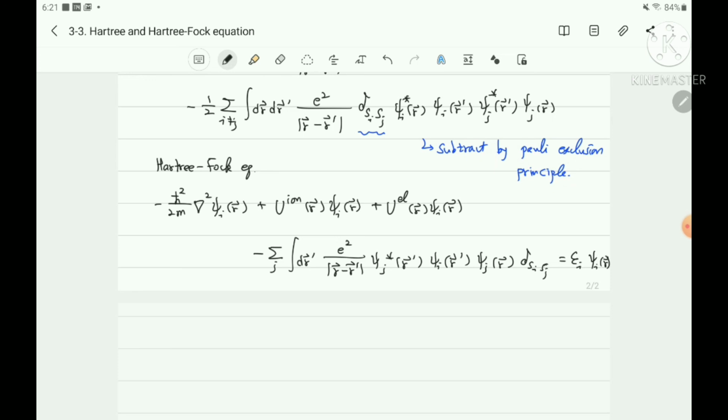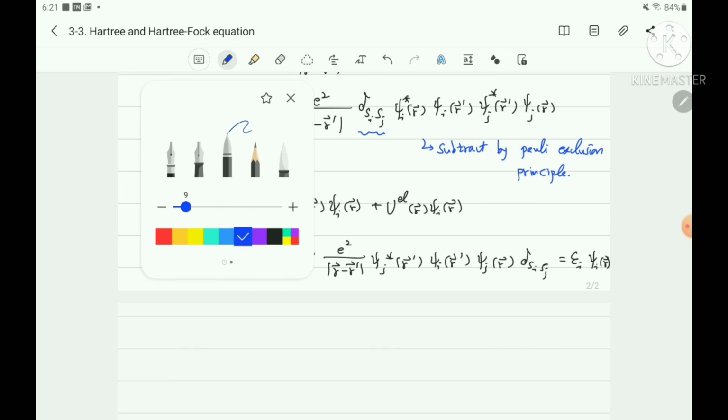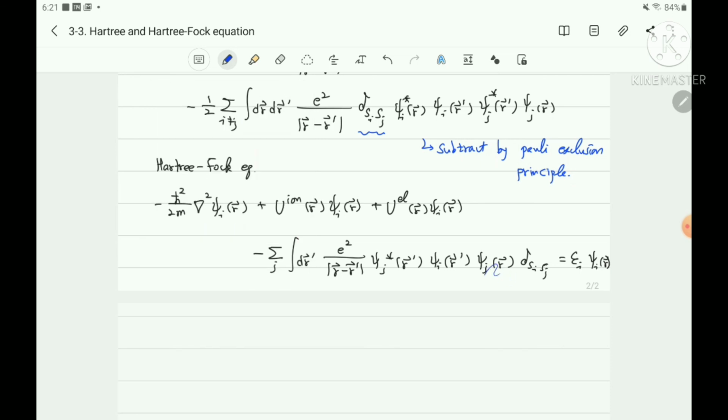Anyway, this also has an iterative solution. In this iterative solution, psi j should be inserted as a trial wave function, and by solving this equation, psi I can be obtained, and the iterative solution is possible. This is the basic idea of how to calculate the exchange energy.